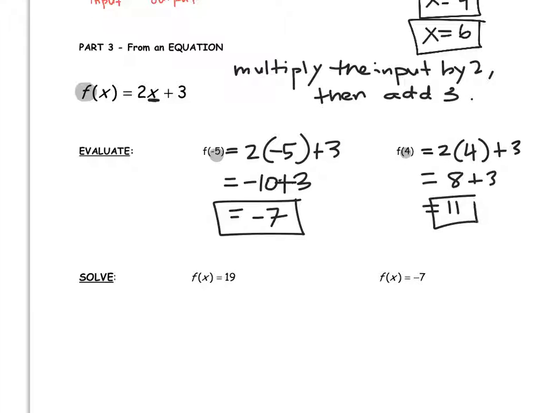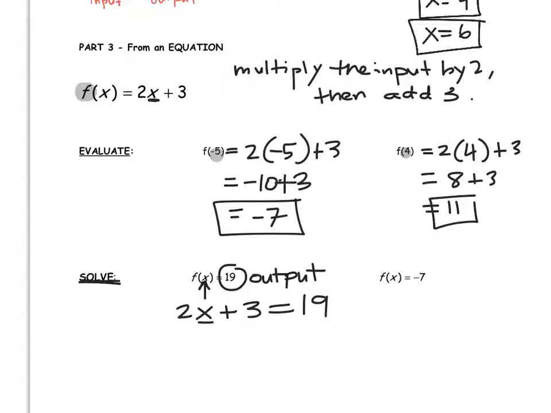That's my output. All right, now it says solve. Solve means that we are going to find the input. The input is missing, but the output is 19. So I can't plug in 19, it is not an input. What I can do is take my equation, 2x plus 3, and figure out what x, if I plug it in, will equal 19.